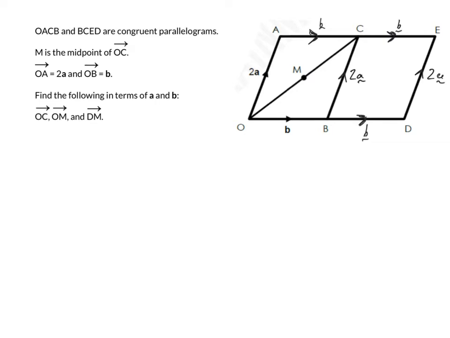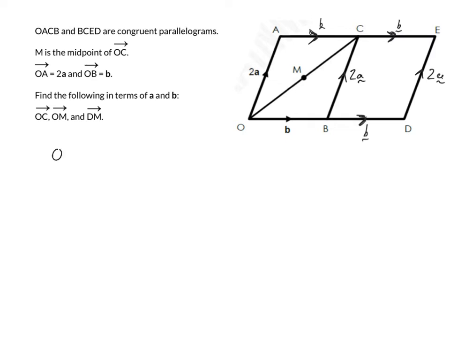So we can pretty easily get around this parallelogram using the letters A and B. Now the problem is, to get from O to C, we're crossing diagonally. So it's impossible to use this line here because it's not labelled with small a or small b. So we've got to take the long way about it.